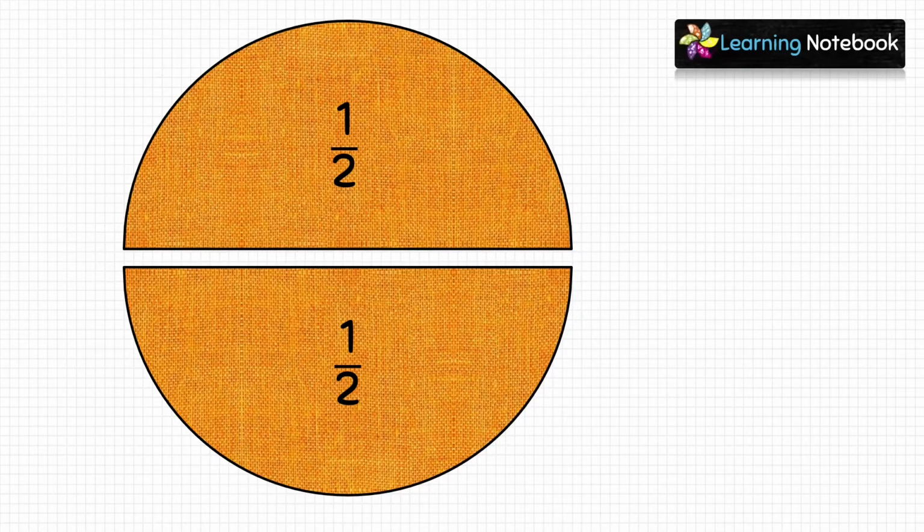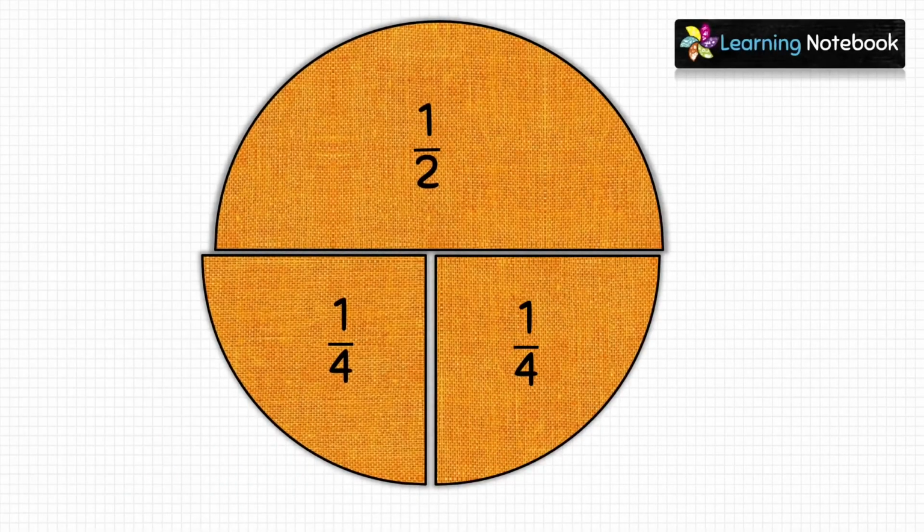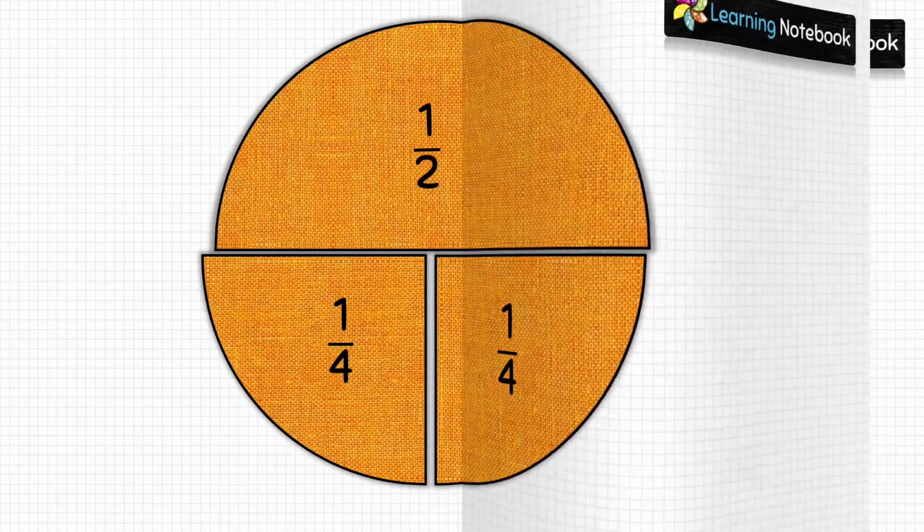Now let's fold any of the semicircle in half and cut along the line. So we have got fraction 1/4. Now students, if we cut out this fraction 1/4 in half, we will get fraction 1/8.